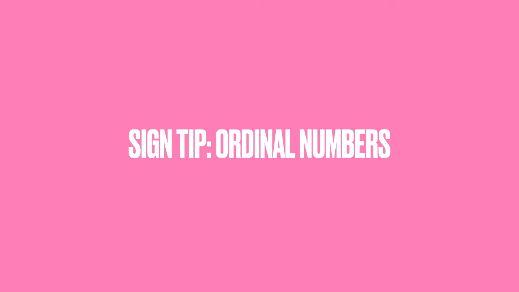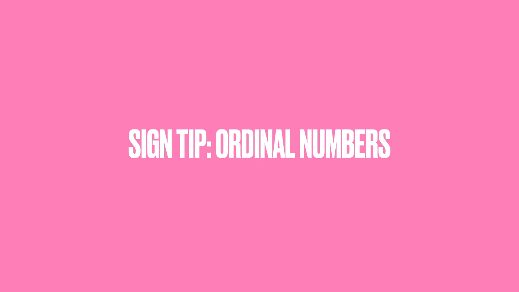Okay, so it's a sign tip for these ordinal numbers. The numbers, when you're just counting, those are called cardinal numbers. The orientation of your hand, your palm is facing towards you. And you count 1, 2, 3, 4, 5 with your palm facing towards you.